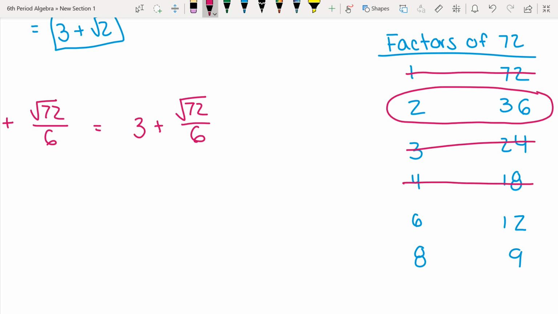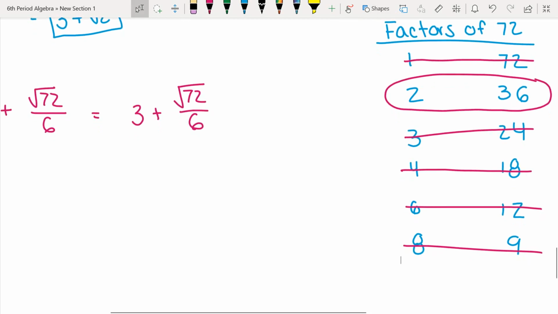6 and 12, well, neither of them are perfect squares. I'm not even going to give it any more time than that. And 8 and 9. Well, 9 is a perfect square, but 8 is not prime, and I have a factor that's ideal, so I'm just going to rule it out. So this means I can rewrite square root of 72 as a product of these two. So let me show that off to the side.